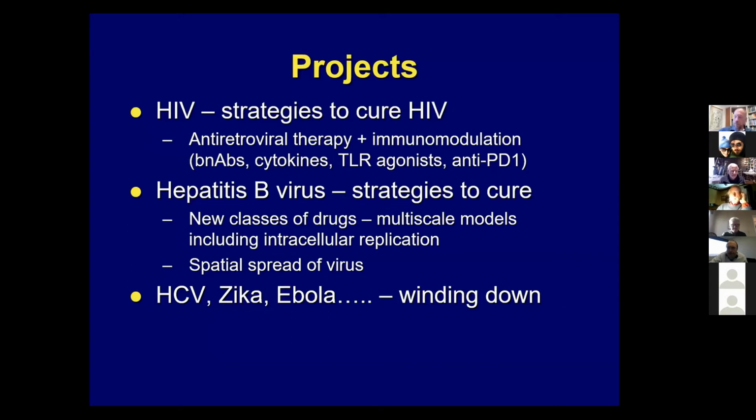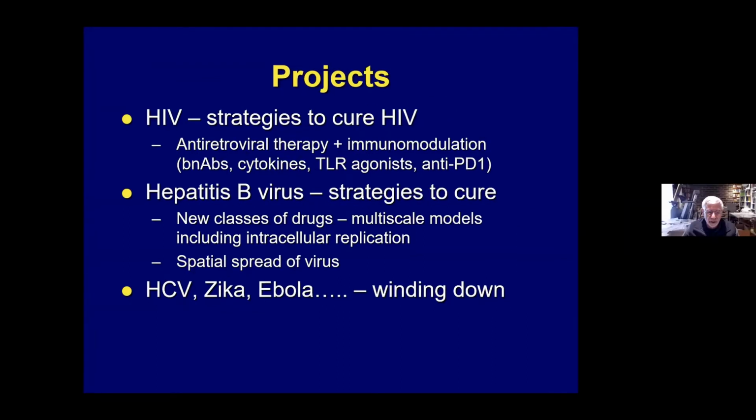There's a big push by pharmaceutical companies to come up with new classes of drugs, and we've been developing multiscale models that incorporate not only intracellular replication, but are also collaborating with experimentalists, modeling spatial spread of the virus, so analyzing biopsy samples. We also work on HIV, Zika, West Nile, and many of those things are winding down just because the HCV has basically been cured.